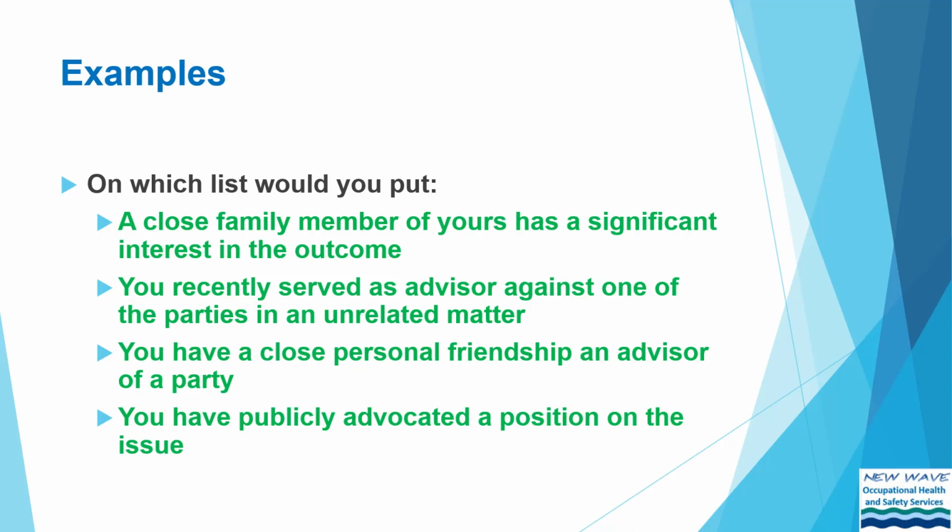Or you have a close personal friendship with an advisor of a party. Or you have publicly advocated a position on the issue. Take a few moments to consider where you would put those in the red, orange, green list categories.